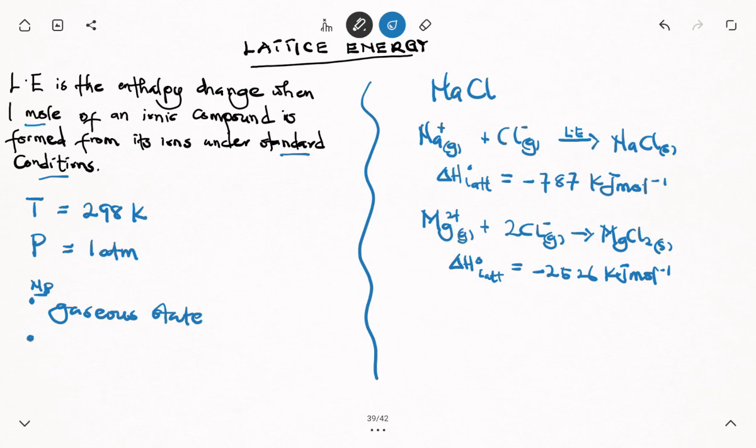And also take note that the enthalpy change here is negative. So that should tell you that it is an exothermic process.